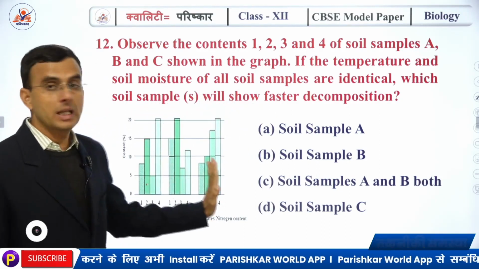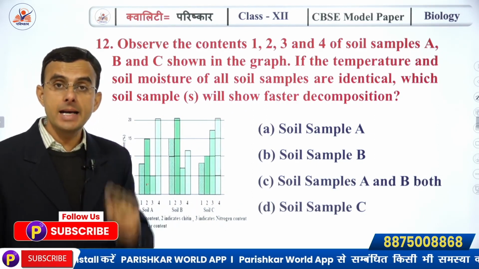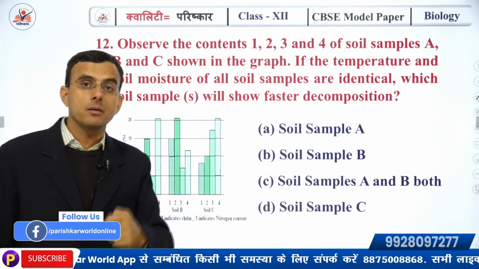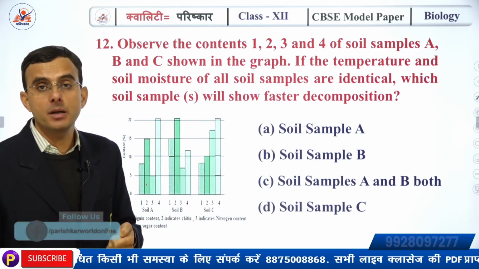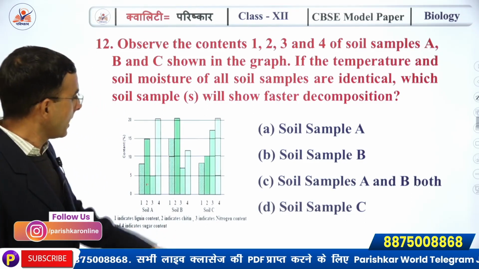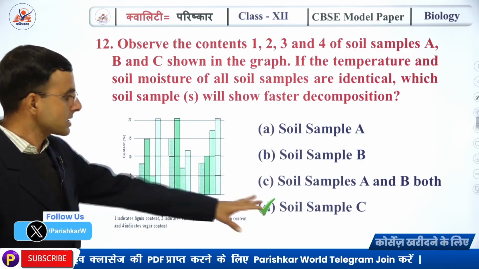In all the 3 samples, they have identical temperature and moisture conditions. So which soil sample exhibits the faster decomposition? That is soil sample D.